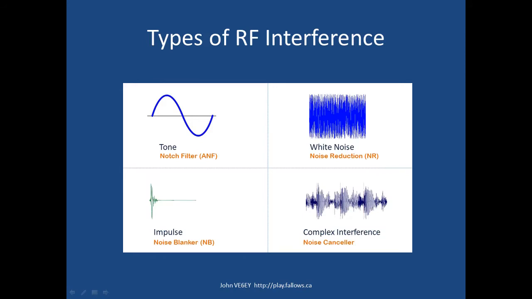So there are four main types of interference that we all have to deal with, and I'm just going to go quickly through each one. The two types shown on the top of this graph are what I call statistical noises, because you can use statistics to get rid of them. The easiest example is the tone up in the top left, or a birdie, a single frequency tone that might be coming from your computer or network gear. And you've got a tool built into your receiver called a notch filter.